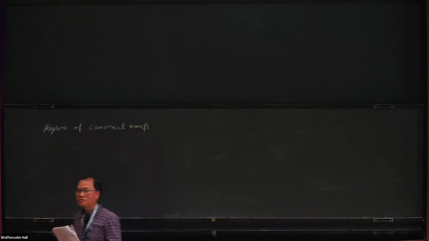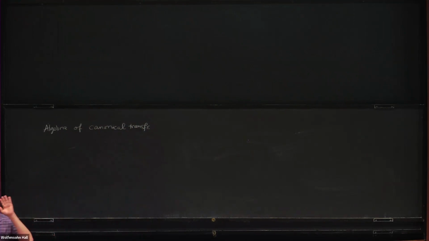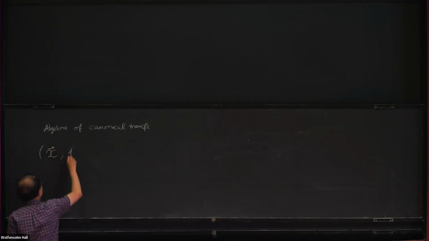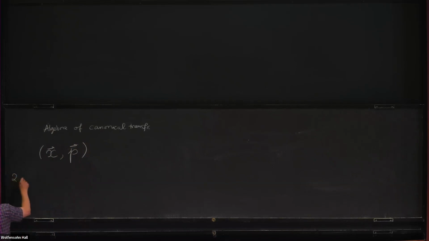This seems to be unrelated to the problem at hand, but you will see at the end that it's a very useful thing to talk about. So let's consider classical mechanics of a particle in phase space. The phase space of the particle has 2D coordinates, where D is the number of spatial dimensions.